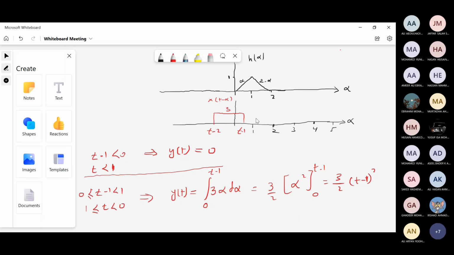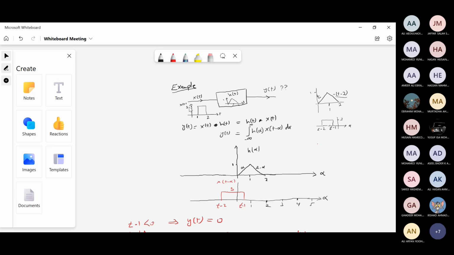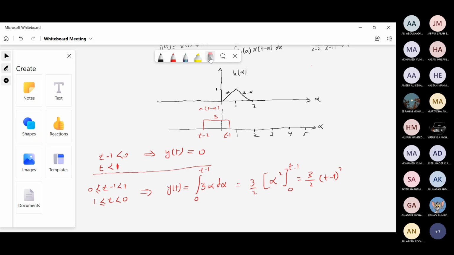Next, move this one forward. Notice the width of this one is equal to 1. Okay. So now if you move it, at 1 it will be here, same as this one.